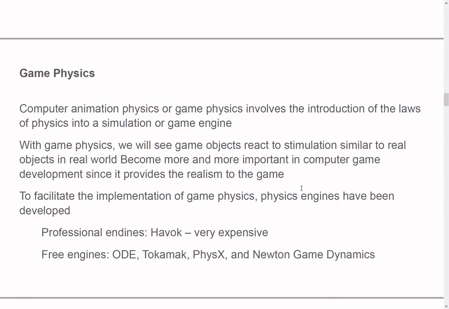So we see game objects reacting to simulation similar to real objects in the real world. And game physics is quite important to us because it gives more and more realism to the game. It makes it look realistic.